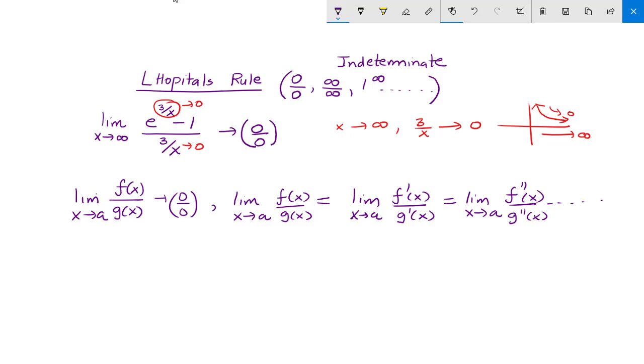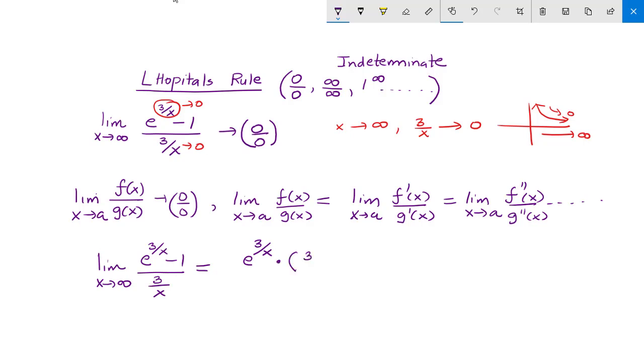So let's apply this to my function. Since I'm getting a 0 by 0 form, the limit as x approaches infinity of (e^(3/x) - 1) over 3/x. Let's take the derivative of the numerator. Since the derivative of e to the x is e to the x, e to the 3/x will be e to the 3/x. But 3 over x is not x, it's a function of x.